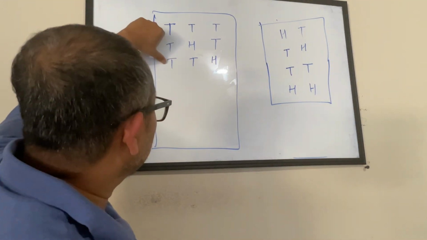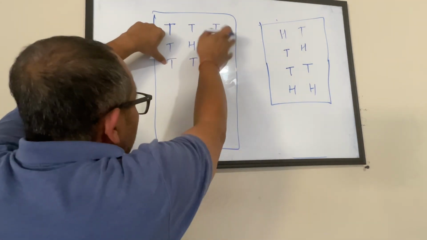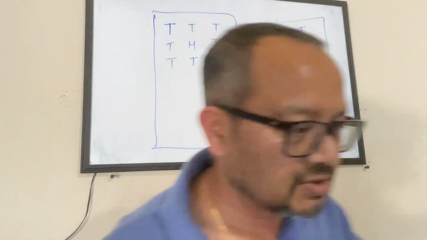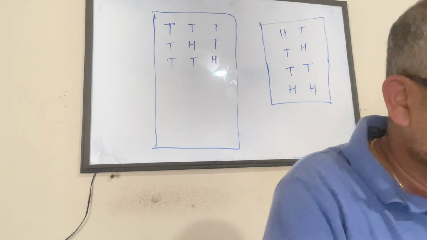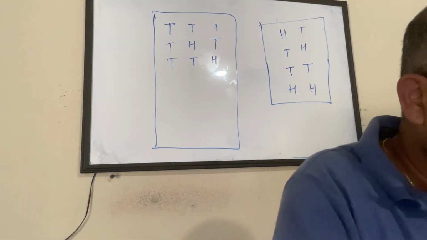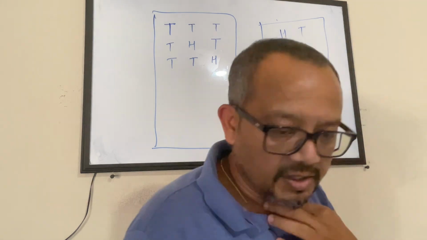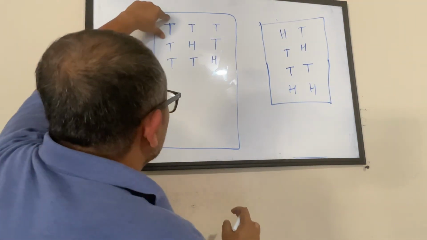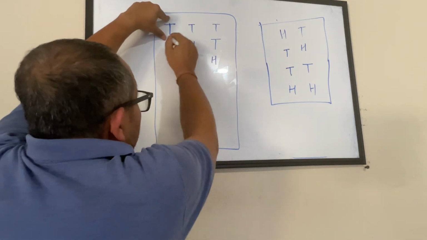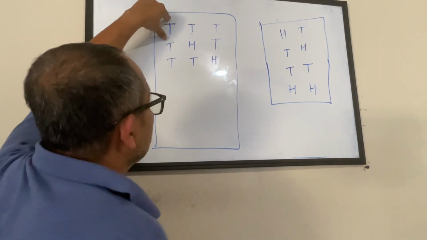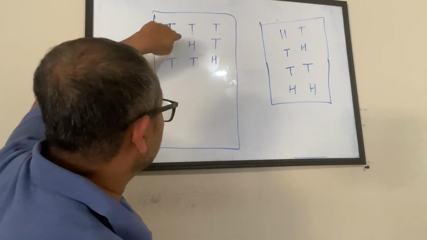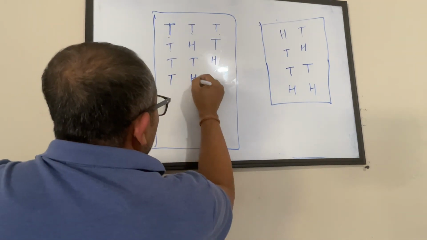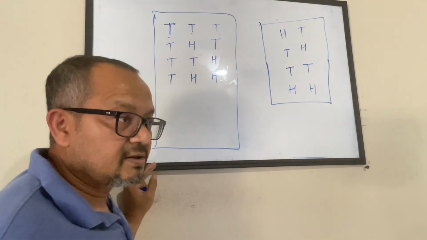So I kept tail in the first place and then juggle the rest: both coming tail, or head and tail, or tail and head, and the other one is the other two being head.